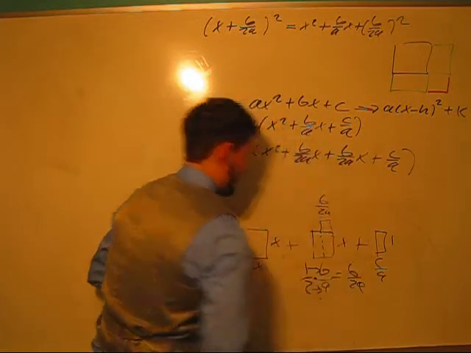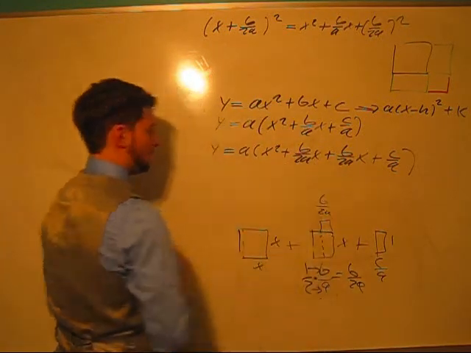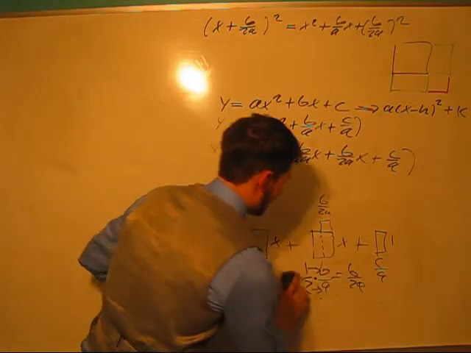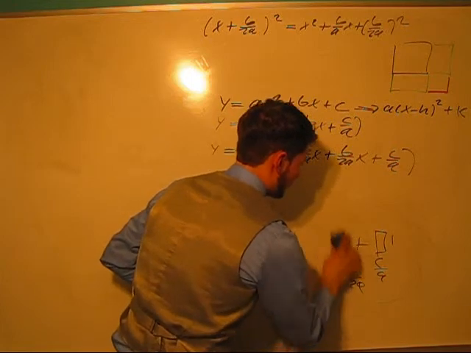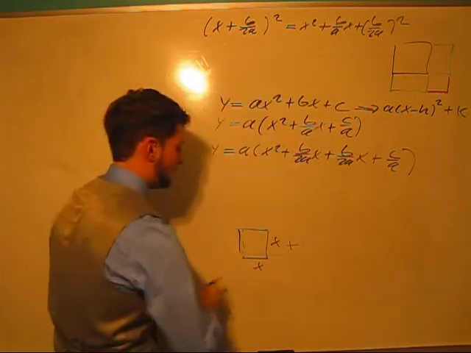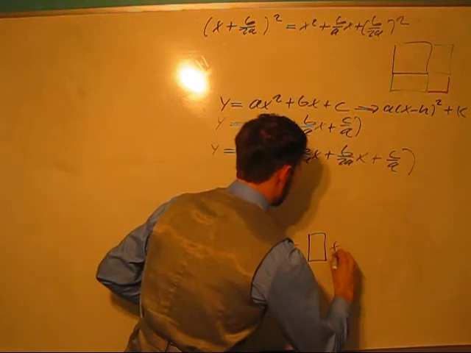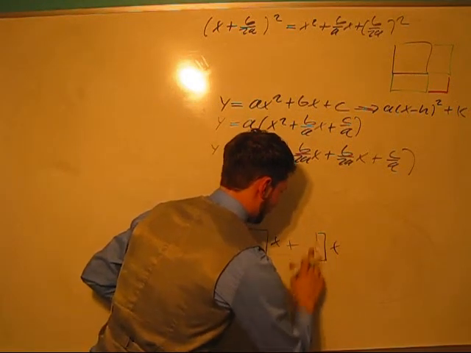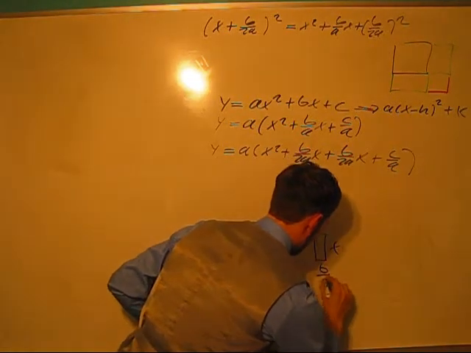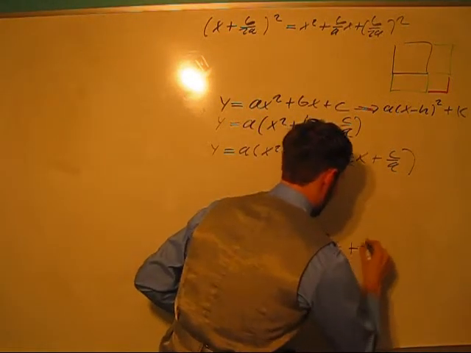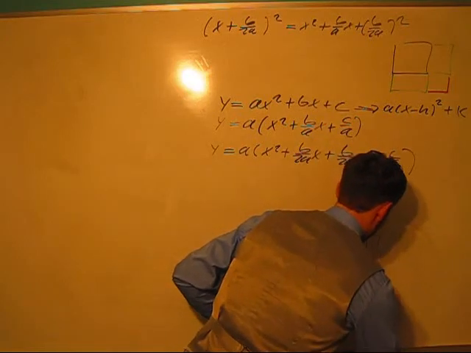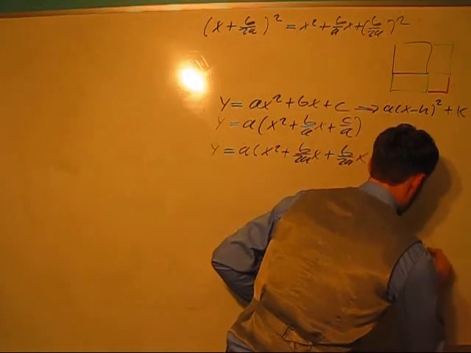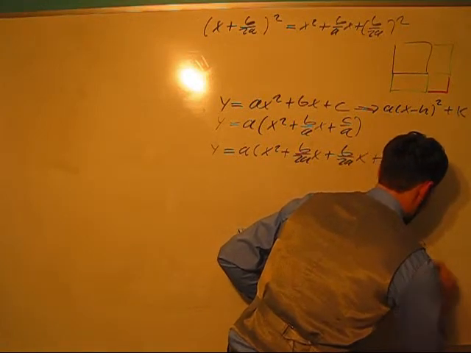And so now this says that we have the addition of 4 shapes, two of which now change such that they're half the width of this one. And so now we have plus still a height x, and then skinnier still, a width of b over 2a, and then that's plus b over 2a times x, and we still have our plus c over a times 1.